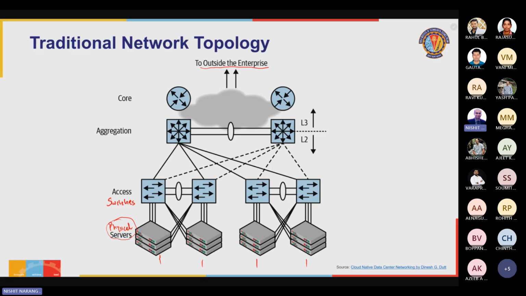I need redundancy because if I have only one access switch and that access switch goes down, then my servers become unreachable. So I have some level of redundancy, which we will shortly talk about. What is this level of redundancy? Some level of redundancy is built in so that single network failures do not lead to reachability issues to the server. Right? So the first line of switches that connect to these physical servers was the access switch.